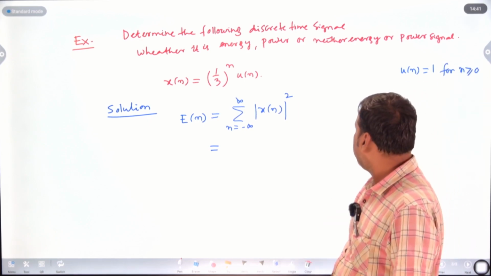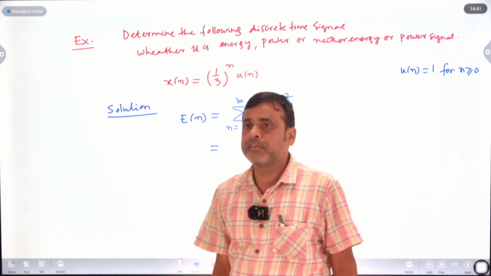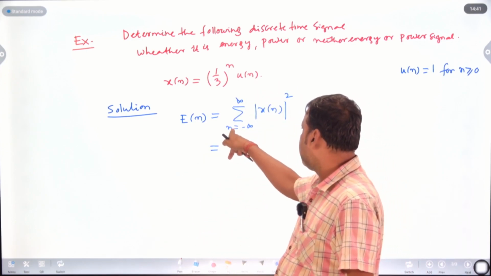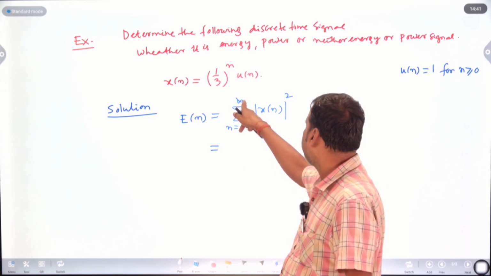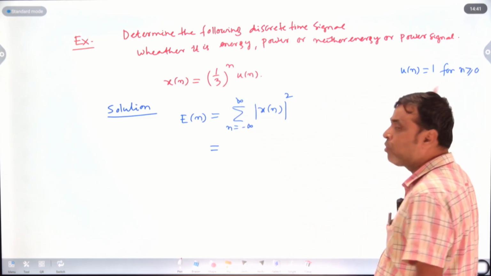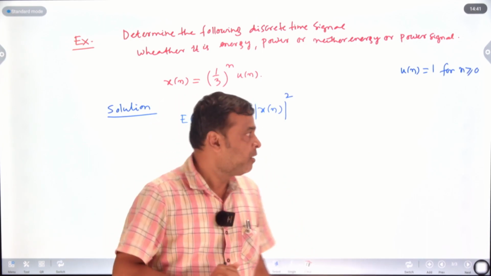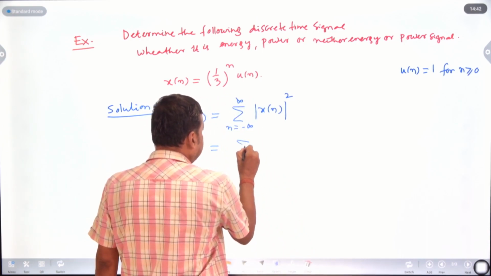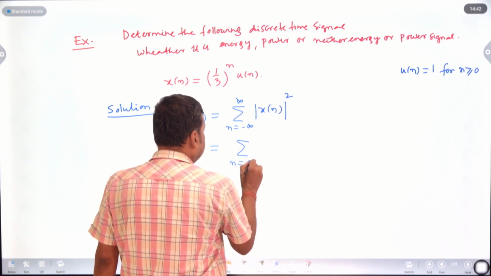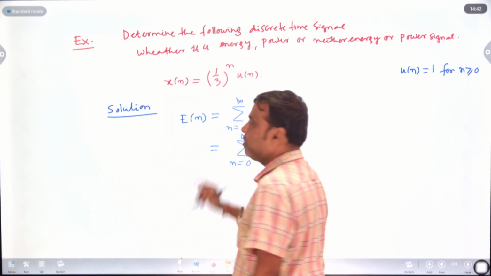So any positive value of n, that function will exist. That means in place of the limit n equal to minus infinity to infinity, the limit is from 0 to infinity, because of this u of n.